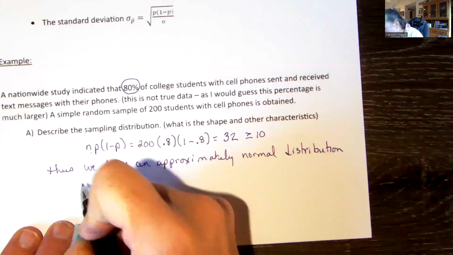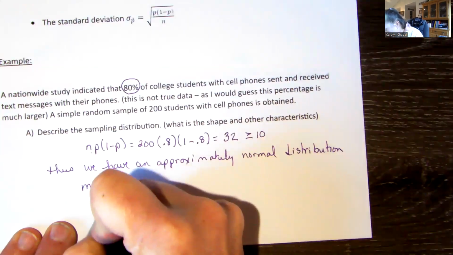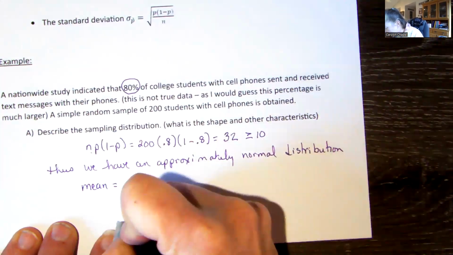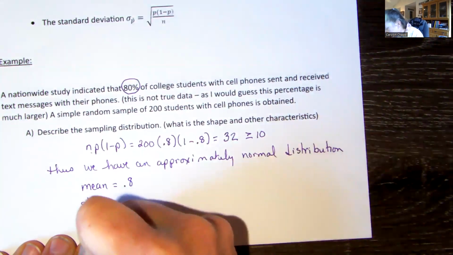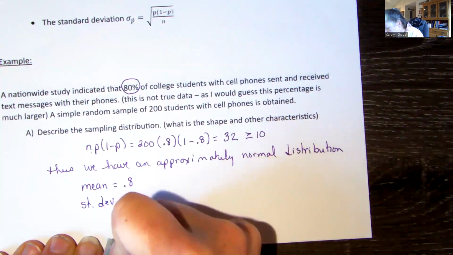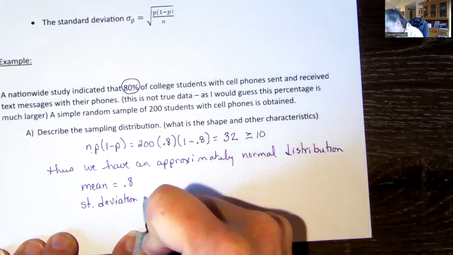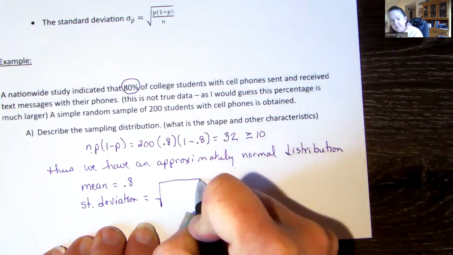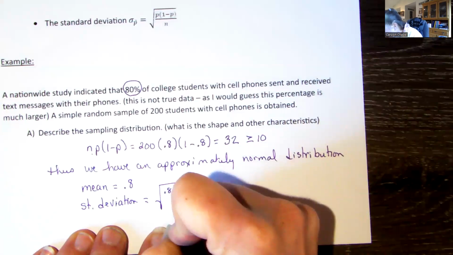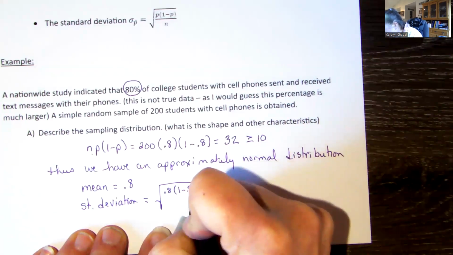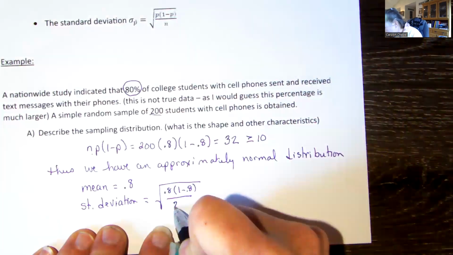We also know that the mean of this distribution is going to be that 0.8, that p. I also know that my standard deviation is going to be the square root, that's that ugly formula right up here, of 0.8 times 1 minus 0.8 all over my n, which in this case is 200.